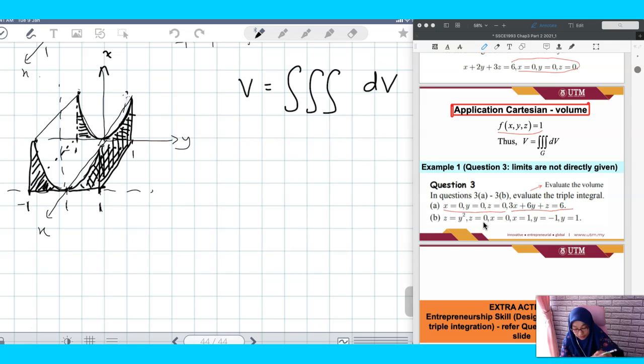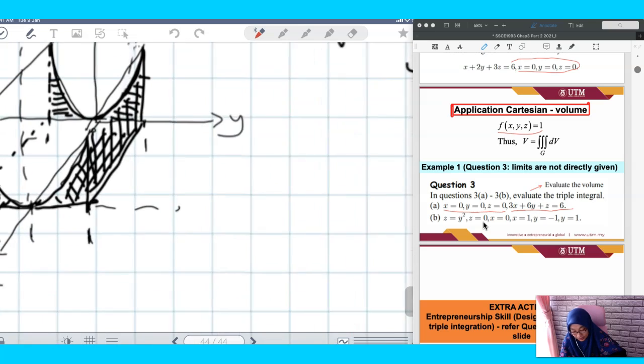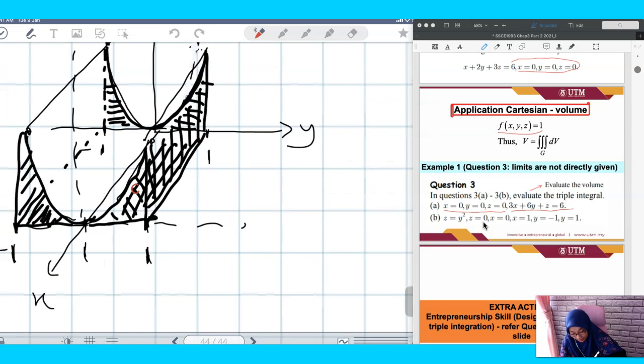As a normal person, you would be standing like this, or if you place yourself over here, what plane are you standing on? You are standing on the xy plane. So in this case, we have an xy solid, where your dV is dz dA.